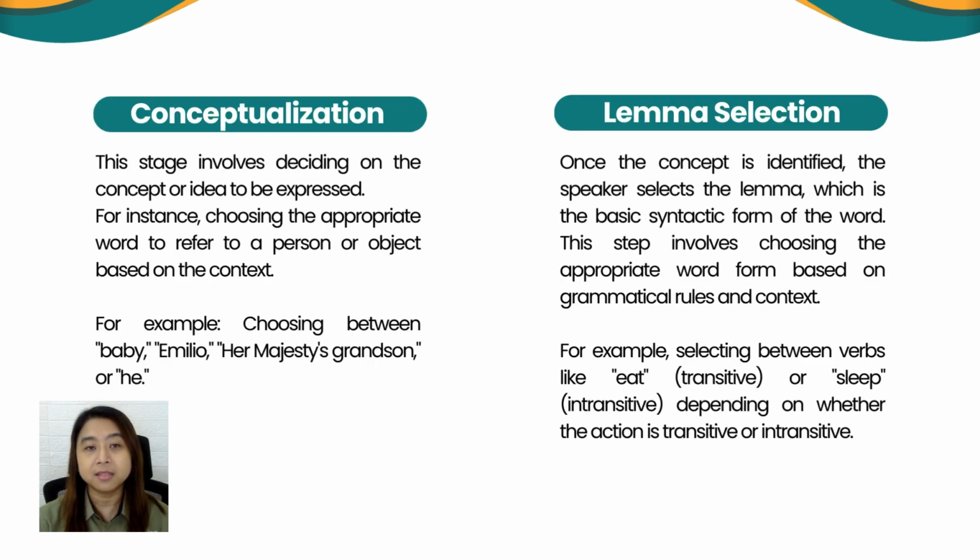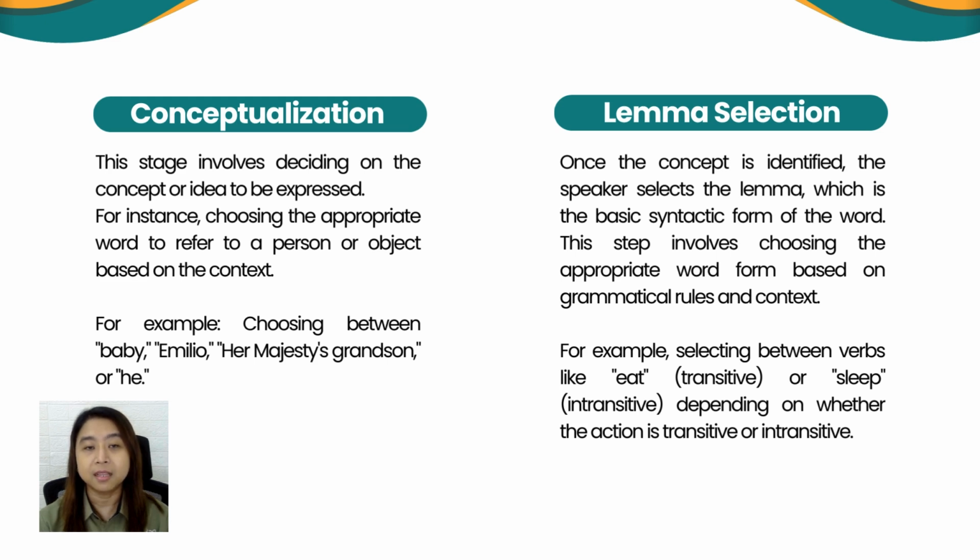The first stage is conceptualization, where the individual decides on the concept or idea to be expressed. For instance, choosing the appropriate word to refer to the person or object based on context, such as deciding between baby, Emilio, Her Majesty's grandson, or he.